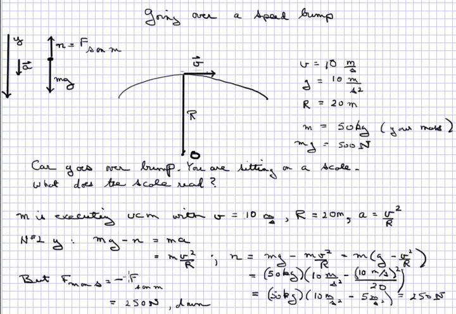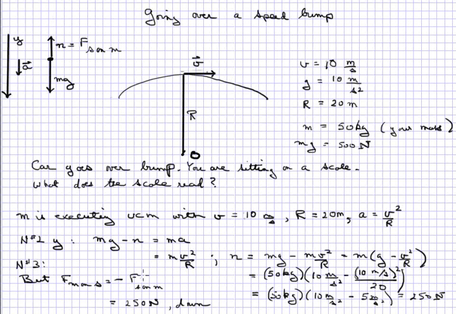So we know that N is equal to 250 newtons, but now we know from Newton number 3, so let me put that in here, Newton number 3, that the force of m on s, which is the force of you on the scale, that's what causes the scale to register a reading, is equal to the negative of the force of the scale on m.